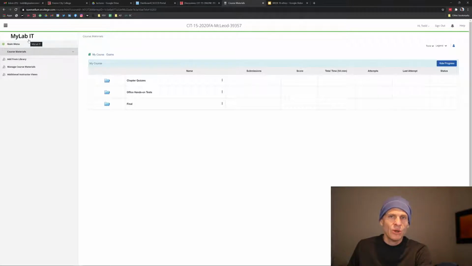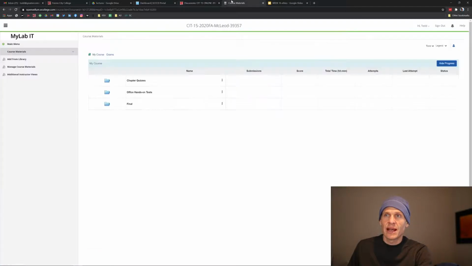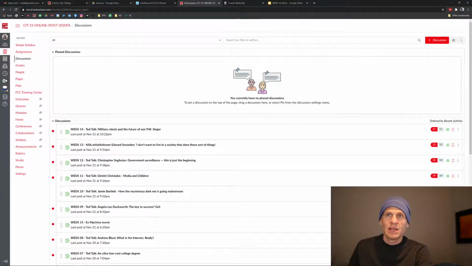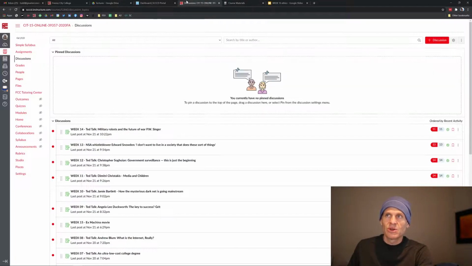Divide by 2 is 75. Would be your overall grade in the class, right? So half of your grade is made up of what you've done here, and half the grade is what you've done there. So you can get your score from here, get your score from here, add them together and divide by 2, and that gives you your score in the class. So just good to know.